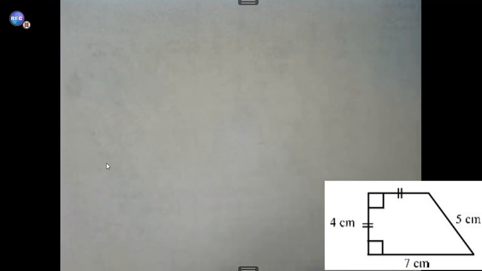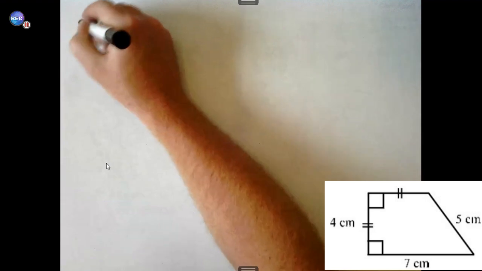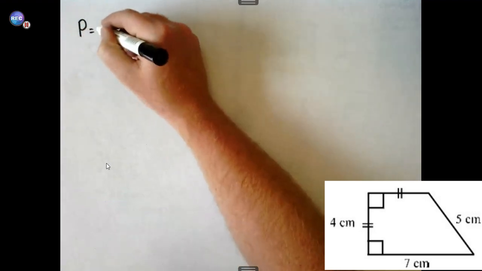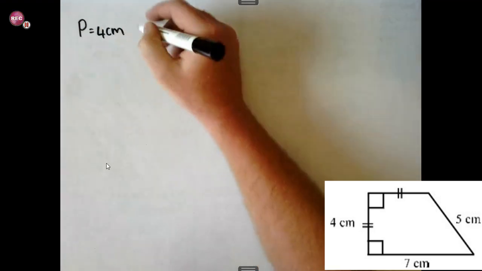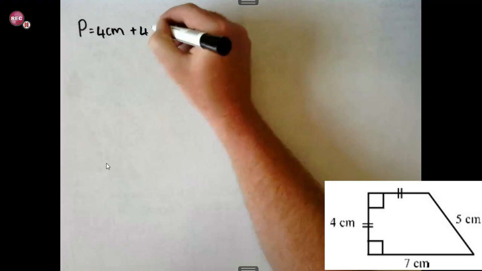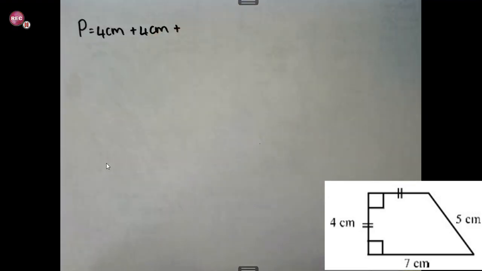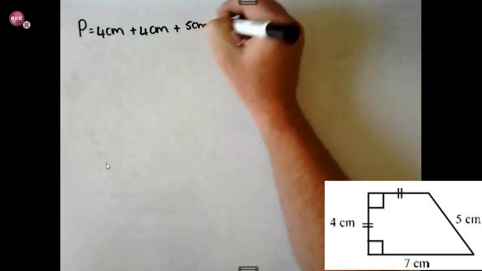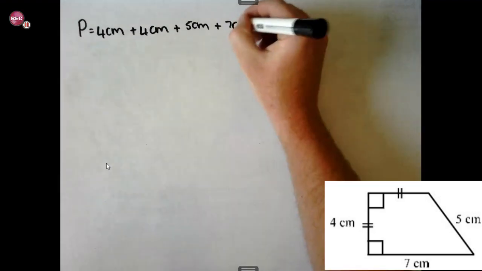So when we calculate the perimeter for the trapezium, we will say P is equal to, and what you'll do is we'll start at the 4, 4 centimeters on the side there, plus 4 centimeters, plus when you carry on, you'll see that there's 5 centimeters, plus the bottom side, which is 7 centimeters.